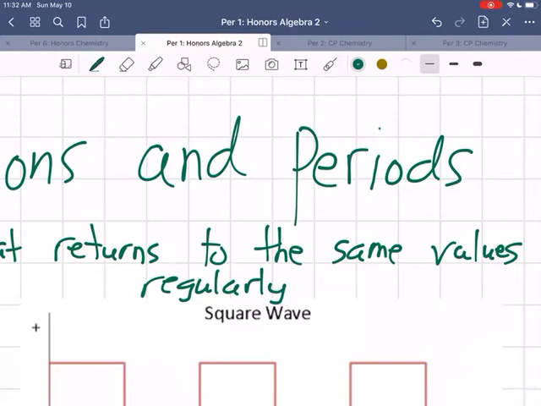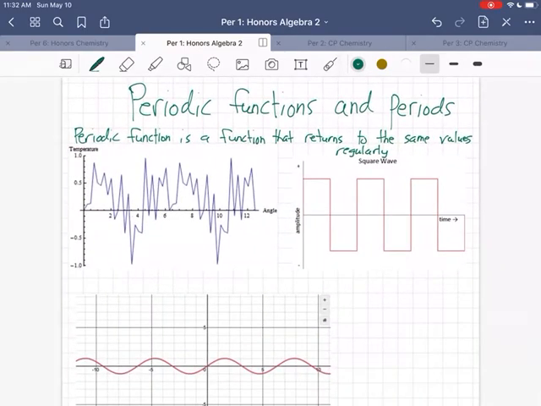What that really means is when we look at a function, it's going to have some sort of cyclical pattern. It'll have the same values over and over and over again as we go throughout time.